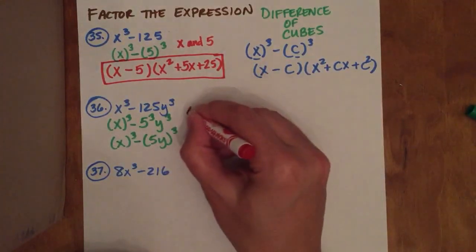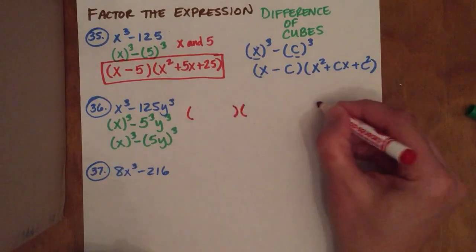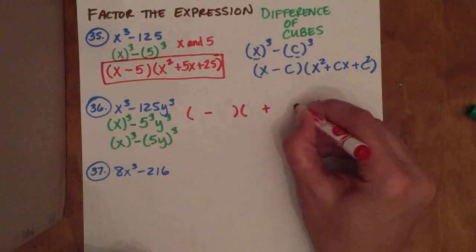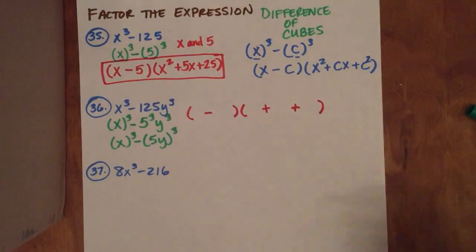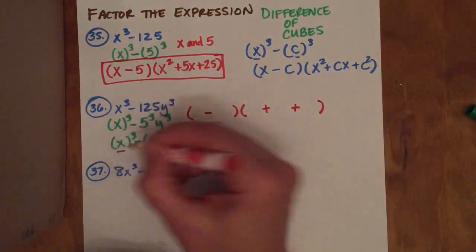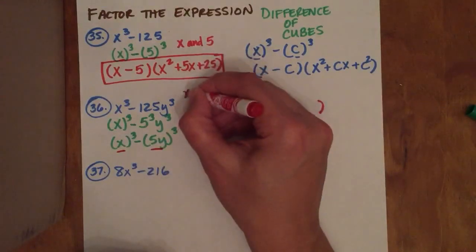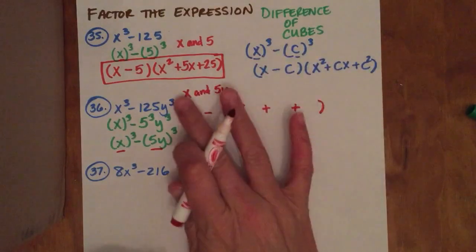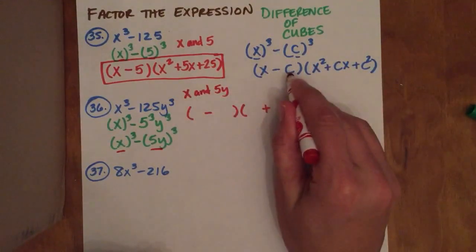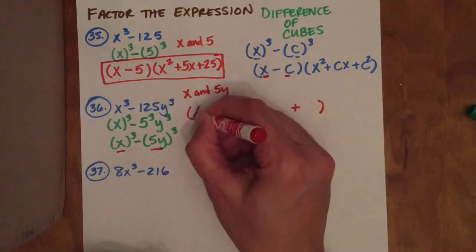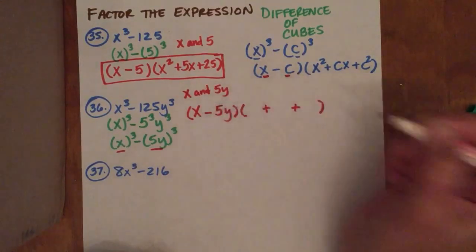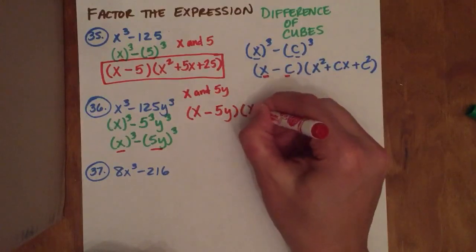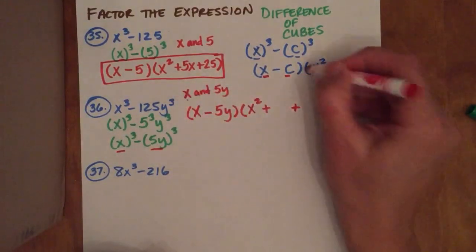So let's set up. I'm going to set it up over here so it's easier to see. I've got minus, plus, plus. And now I'm going to find out what I have. My two bases are x and 5y. So I'm going to plug those in accordingly. So let's do base minus base. X minus 5y. Now let's go to the second expression. I've got x squared, which is my first base squared.